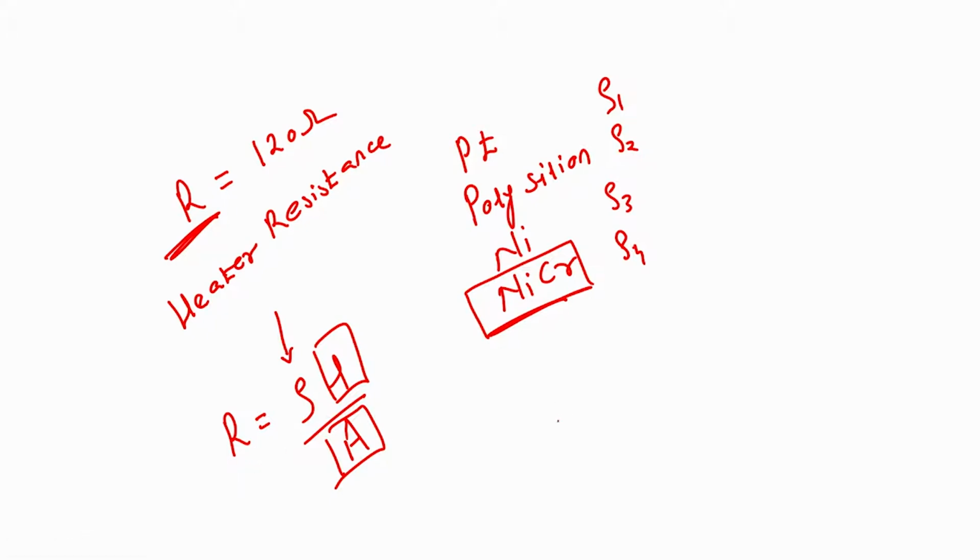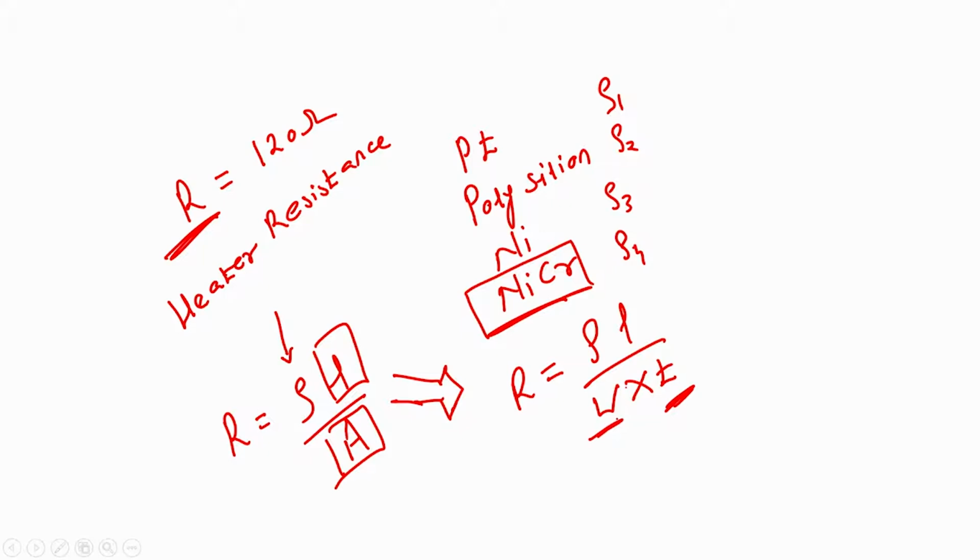Now, area is nothing but width times thickness, so the equation becomes R equals rho L by W into T, where T is the thickness and W is the width, correct.